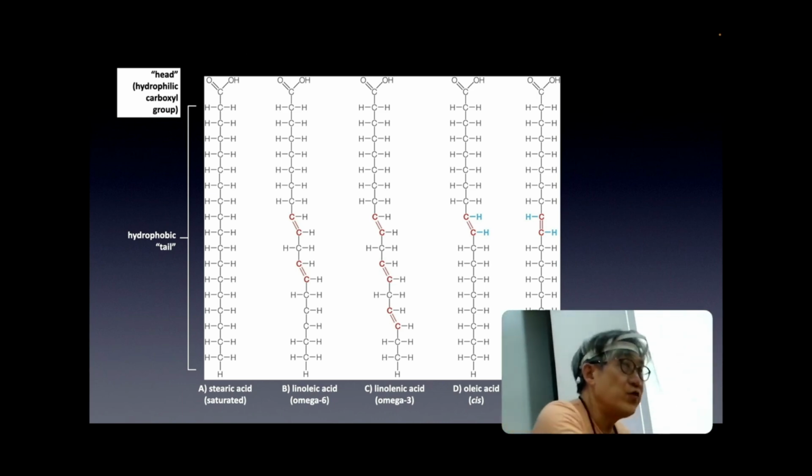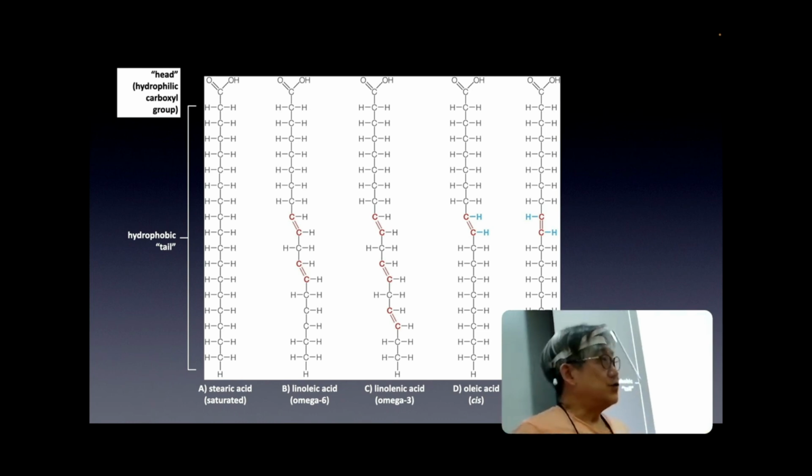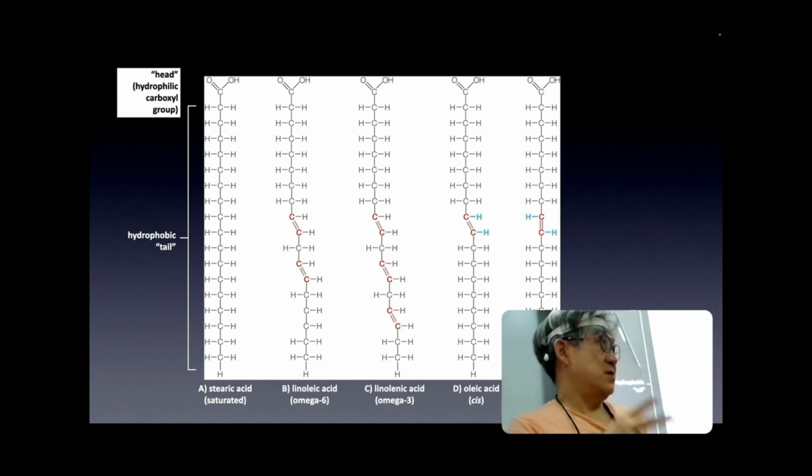That's usually their destiny, their fate. But then these two places are going to have a big problem, meaning they're not properly metabolized, broken down.